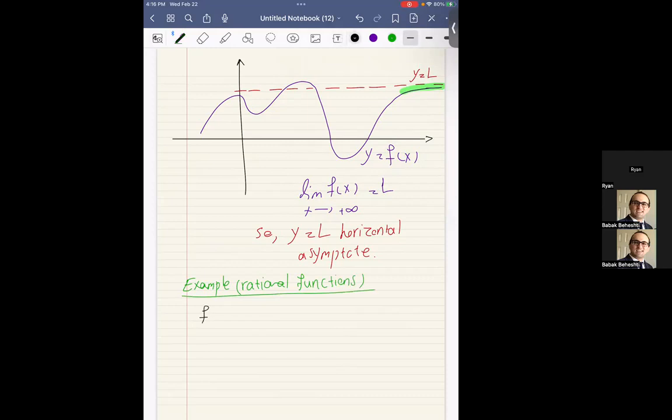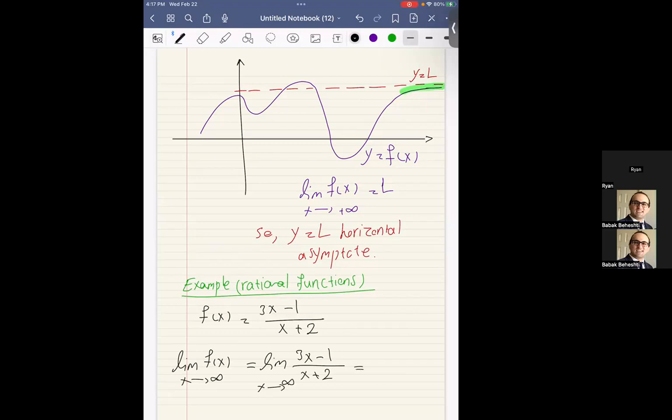For example, a function f of x equal to 3x minus 1 over x plus 2. So we want to find if the limit at infinity exists or not. So the limit of f of x, x goes to infinity, is equal to the limit of 3x minus 1 over x plus 2, x goes to infinity.